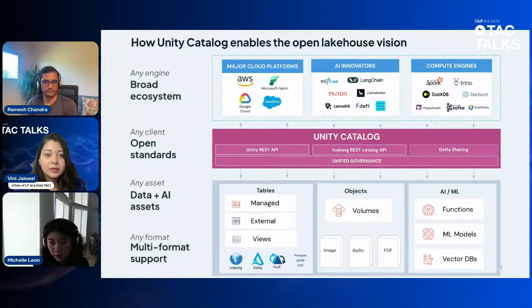All of those you can manage with Unity Catalog and register metadata about. And something else we're really excited about, which Ramesh is going to talk about in our upcoming roadmap, is that we're adding ML model support as well.